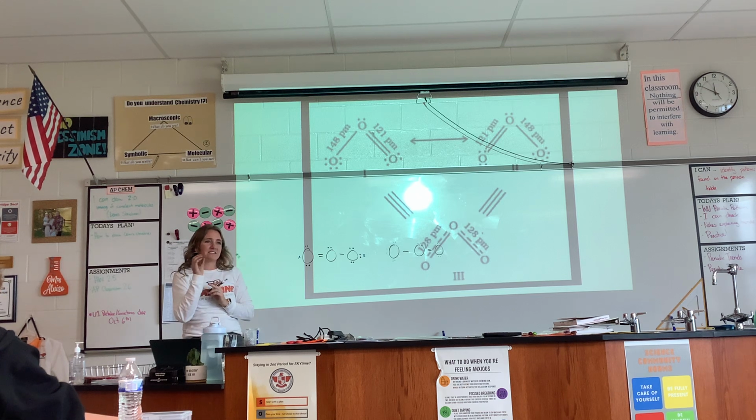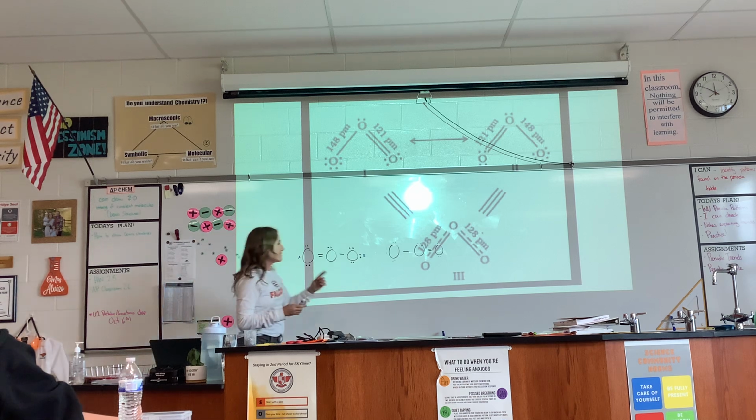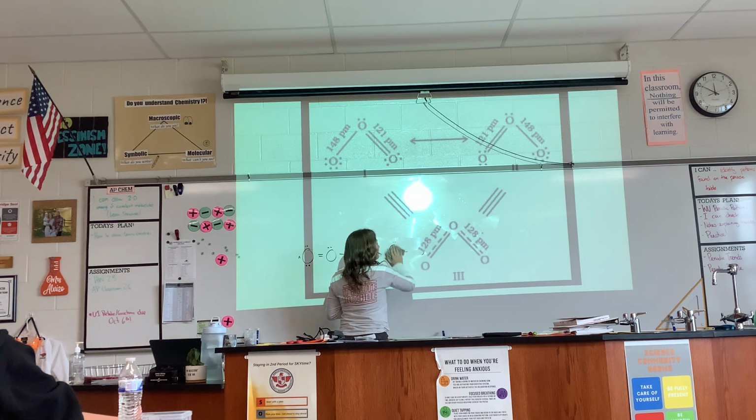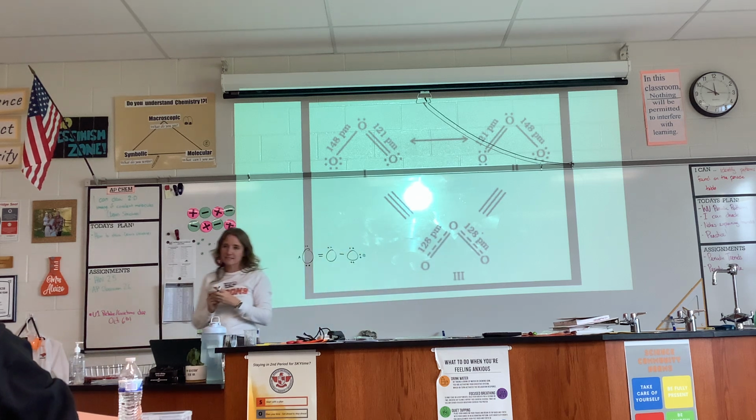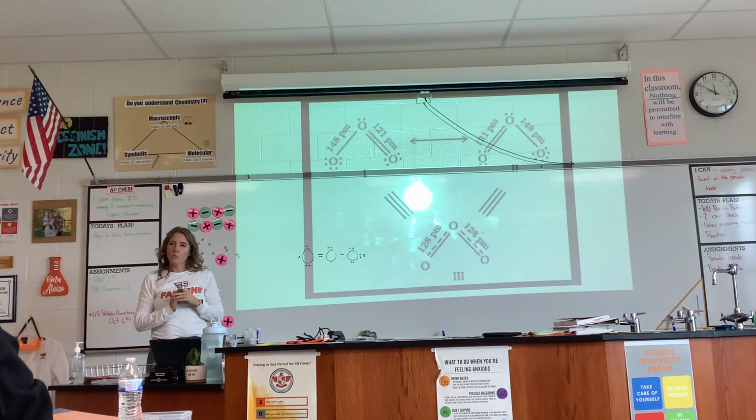Picometers is just a very small measurement. The single bond is 148 picometers. But what they found when they measured ozone is they didn't find either of those numbers. They found that both bonds were the same length and it was 128. So what is going on there? It's shorter than a single, but longer than a double.